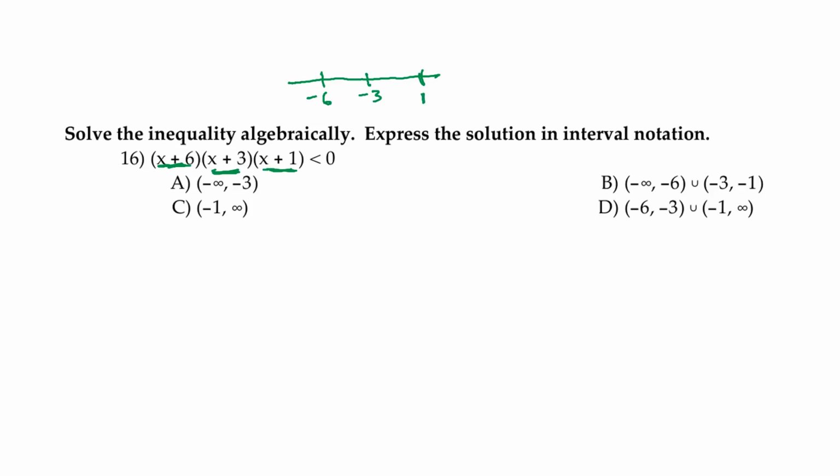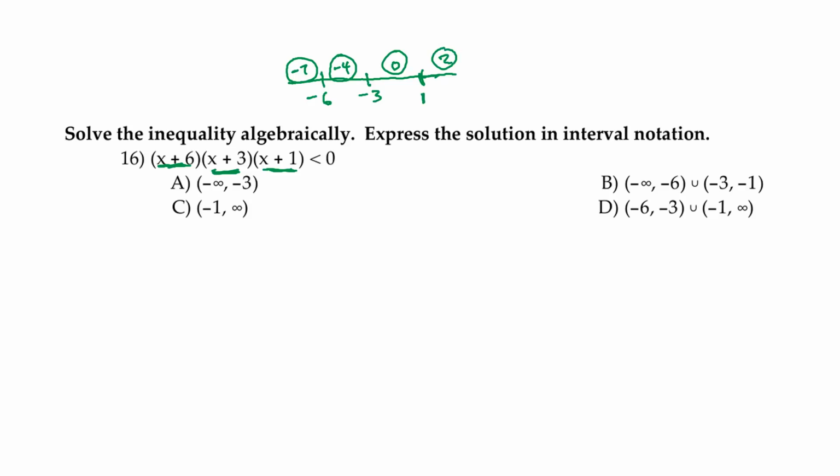We could then choose some test values. To the left of negative 6, we might test negative 7. Between negative 3 and negative 6, we could have negative 4. Between negative 3 and 1, 0. And to the right of 1, maybe 2.